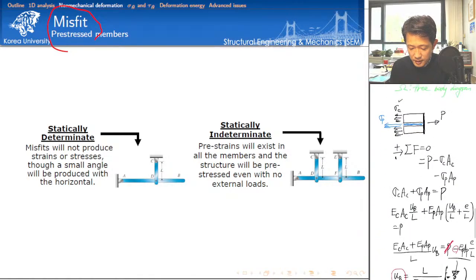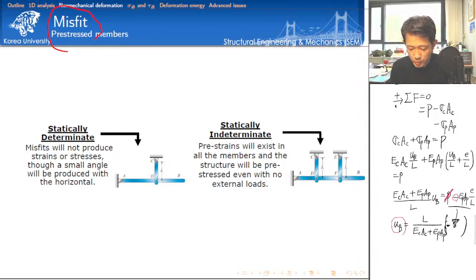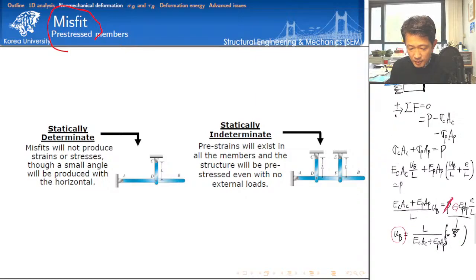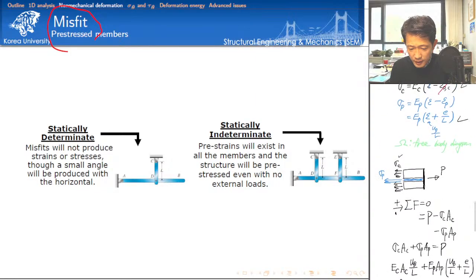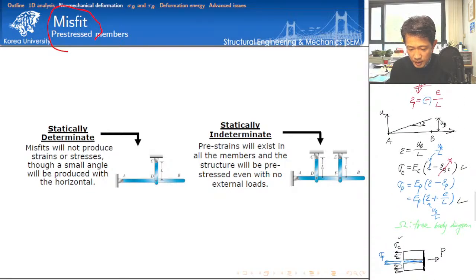And then let's consider further. Without the force P, UB is negative, isn't it? Then if UB has a negative value, the stress of concrete is also negative. Which means if you apply the pre-stressing force to this member, we can introduce compressive stress in this member.